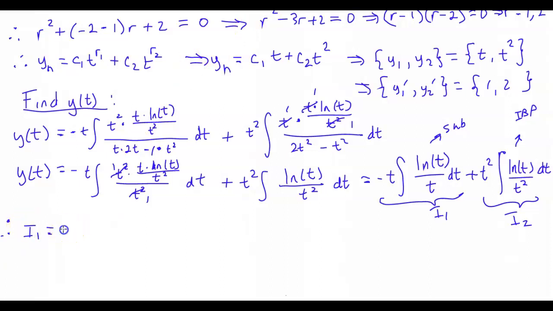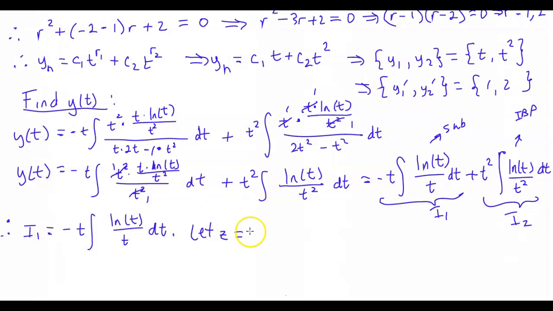So I1 is just going to be this integral here, and we're going to do the substitution rule for it. So we're basically going to say let, and I'm going to call this z, since I've already used u, v, and w already.